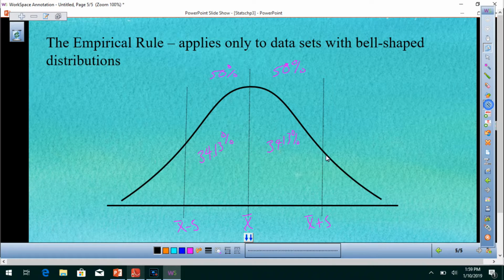If we go two standard deviations, about right in here and again about right in there, we're going to call this x bar plus 2s and x bar minus 2s.